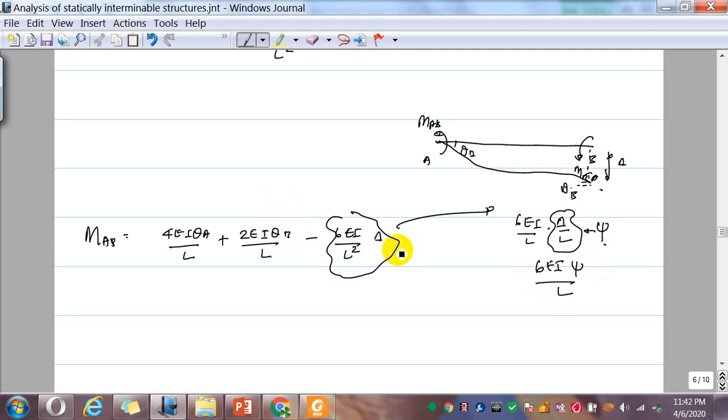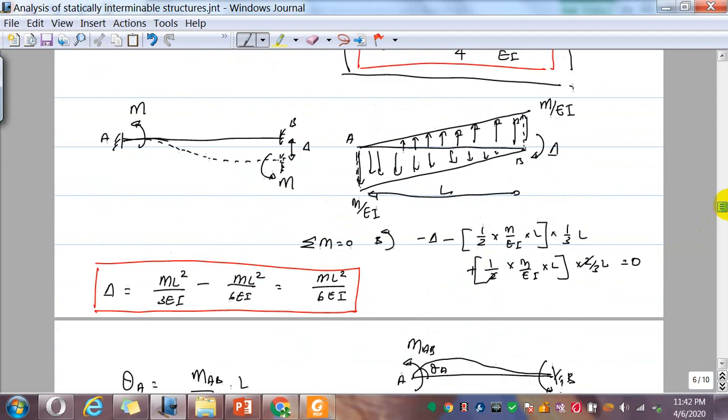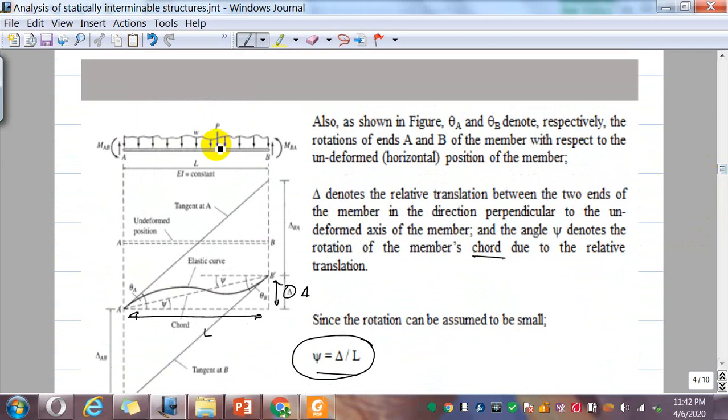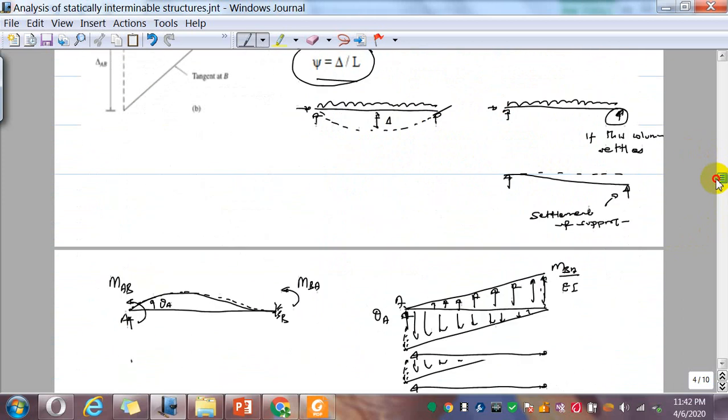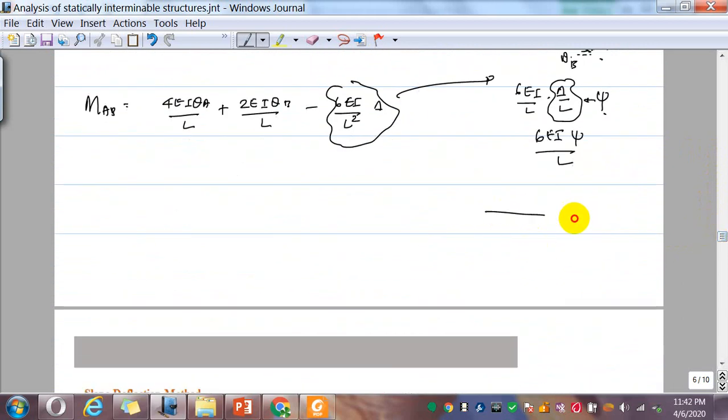Then we need to have some moment. Now for example, these all are due to the rotation, rotation theta A, theta B, but due to the load acting on this beam, if you consider both ends fixed, then there will be fixed end moment. So that fixed end moment, we mark.